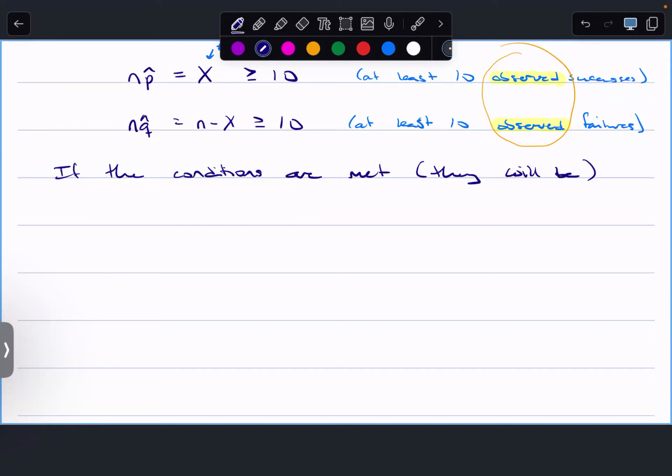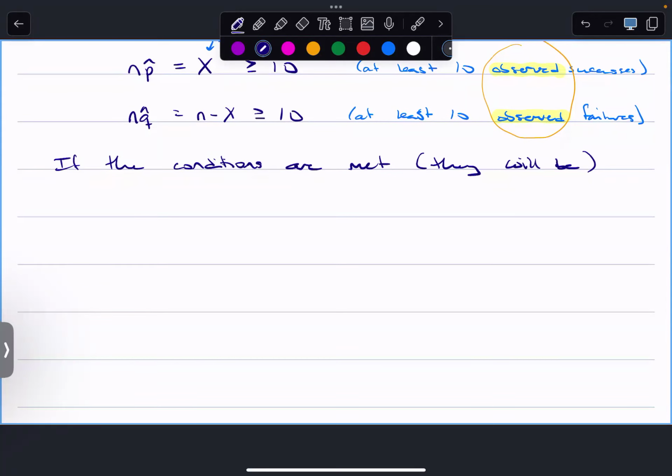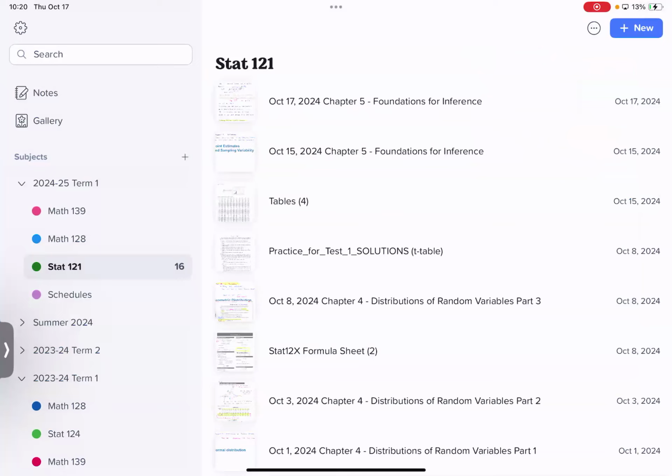They will always pass because I'll make sure of it. Then we can proceed with making our confidence interval. From our formula sheet, I'll grab it so you can see.